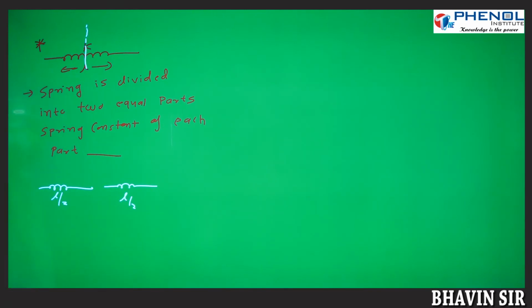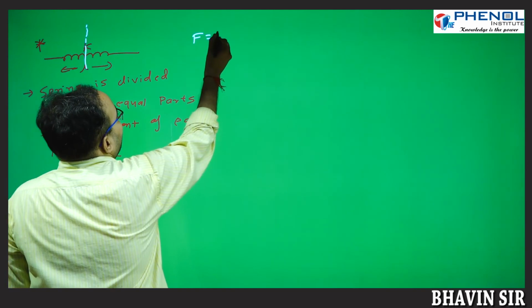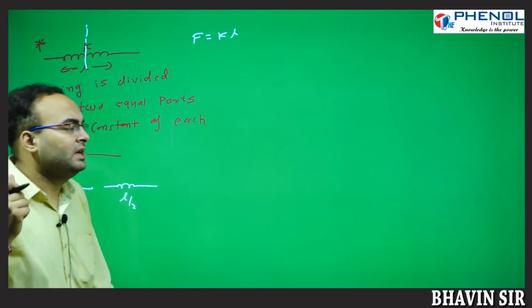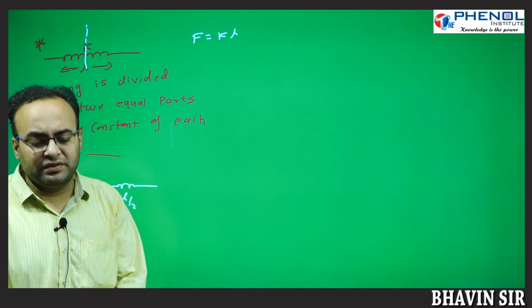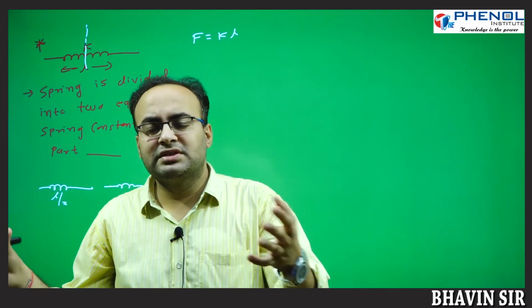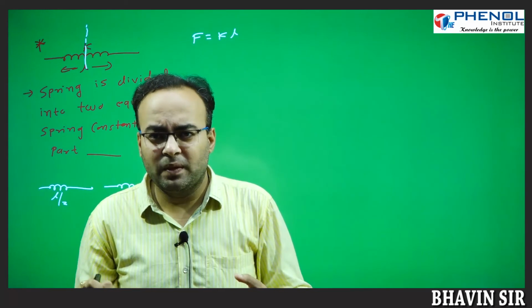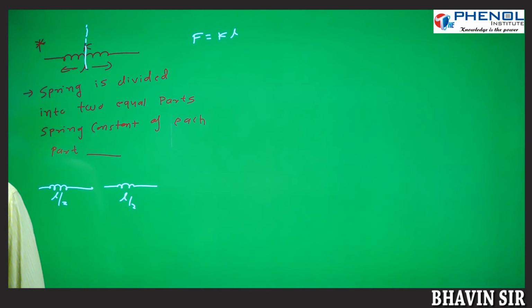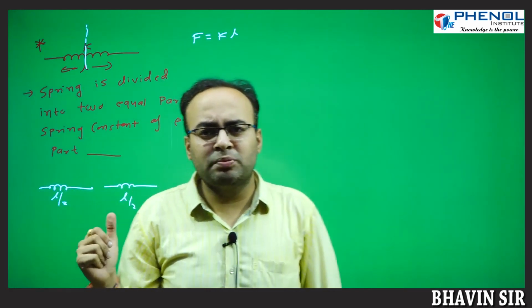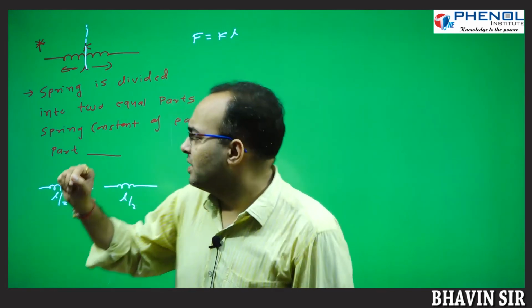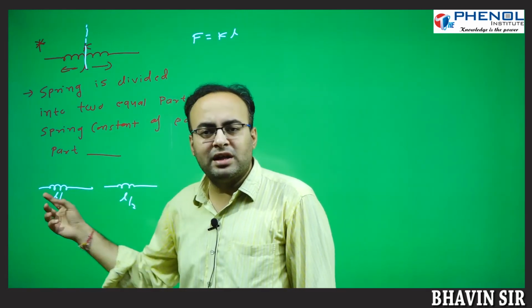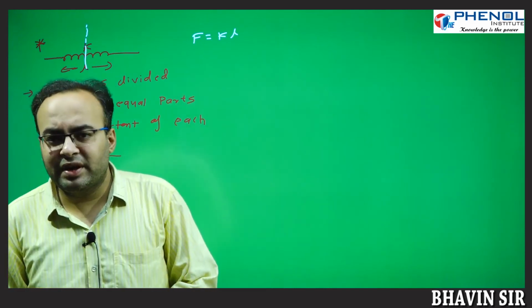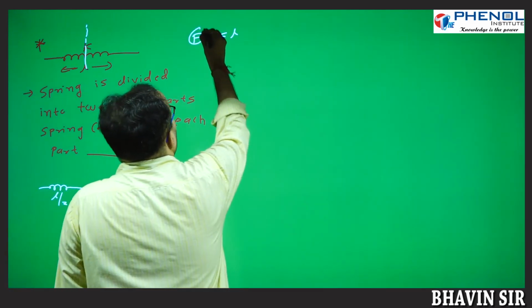Now what is the spring constant? See, F equals Kx, but here we write Kl. F is a restoring force, and the restoring force depends on the material of the spring. For a different spring material the restoring force is different. It does not depend on dimensions. So students, even when you cut the spring, the material remains the same. So F remains the same, F will not change.